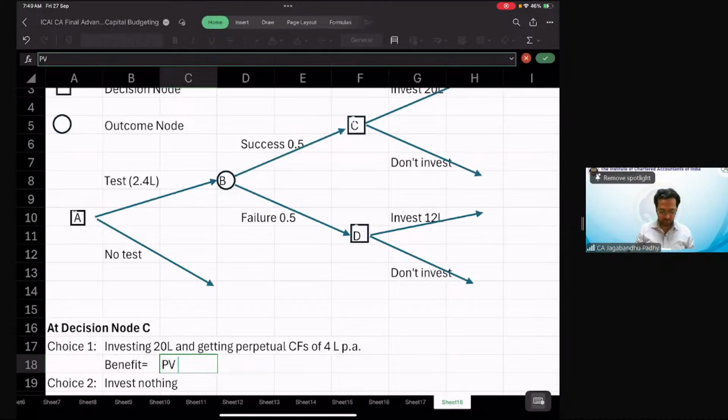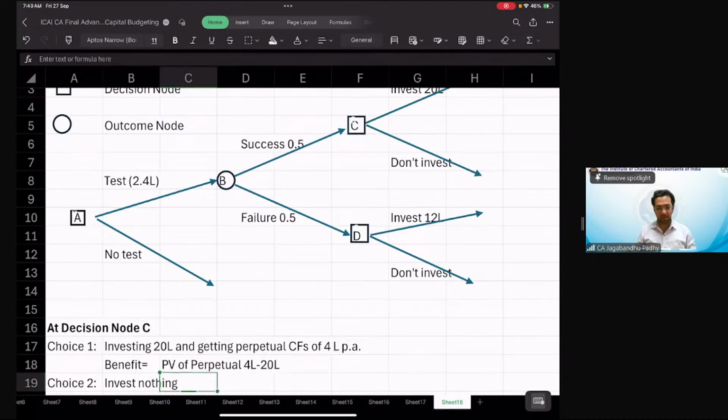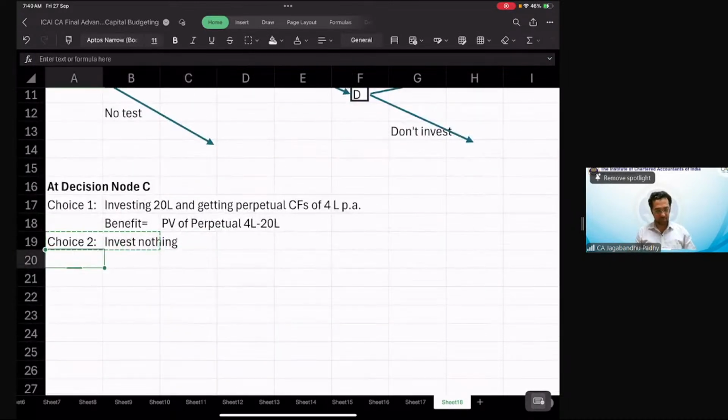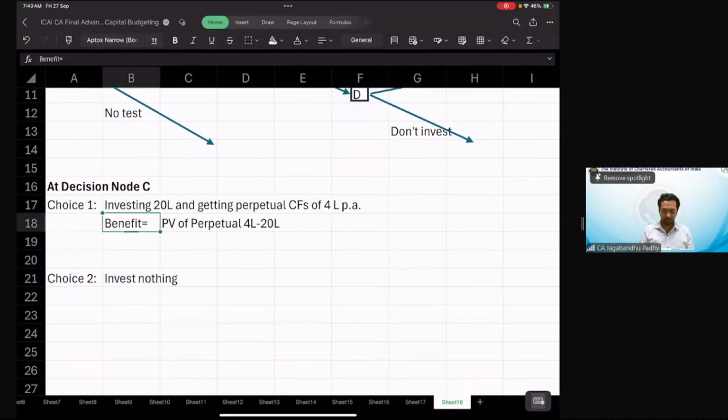Can I say the present value of the perpetual 4 lakh minus 20 lakhs? Can I say this is the net benefit that I'm getting, right? I'm going to get the 4 lakh till perpetuity, and to get that perpetual cash flow, I need to invest 20 lakhs today. So what's the net benefit?